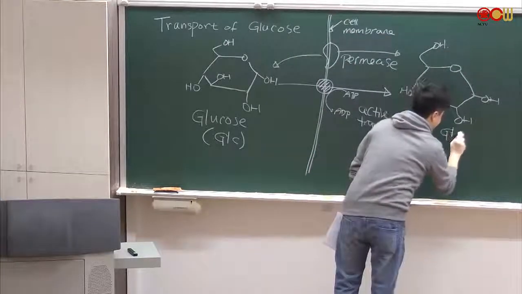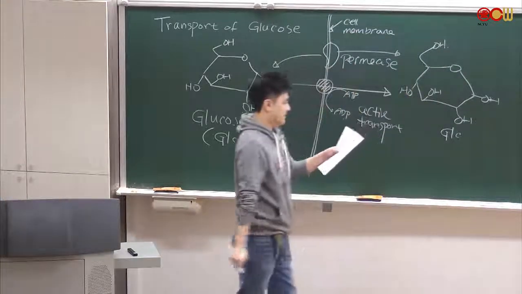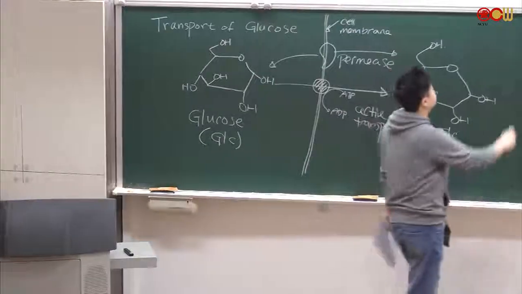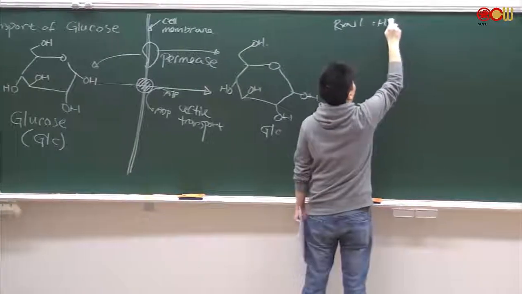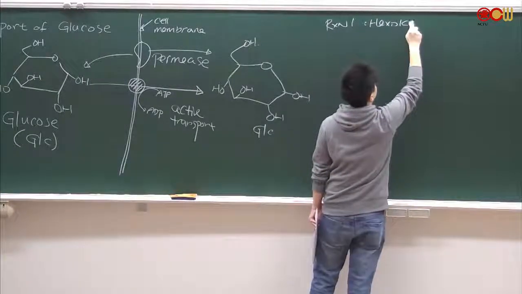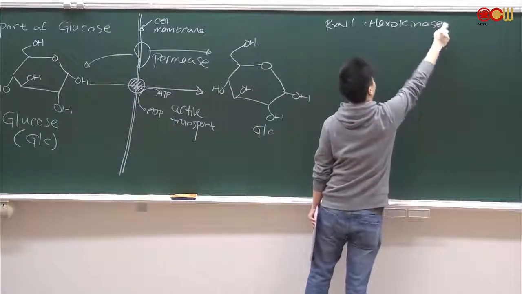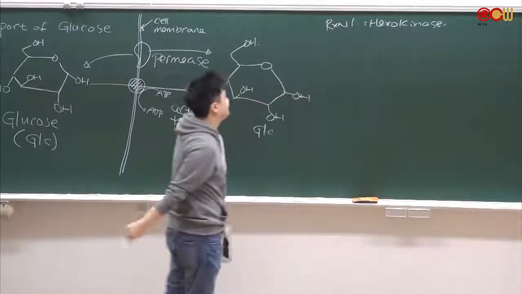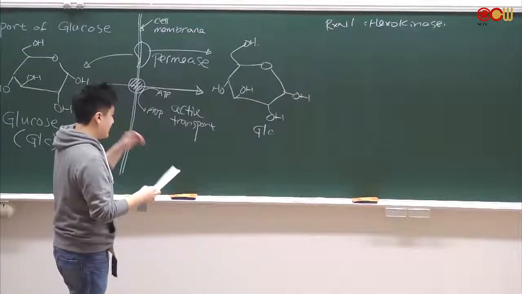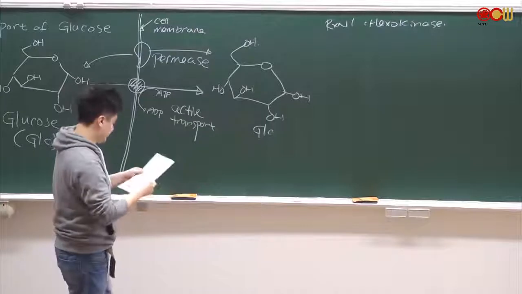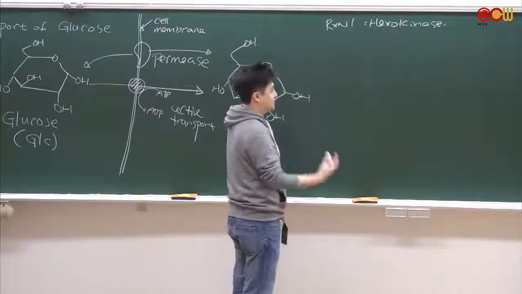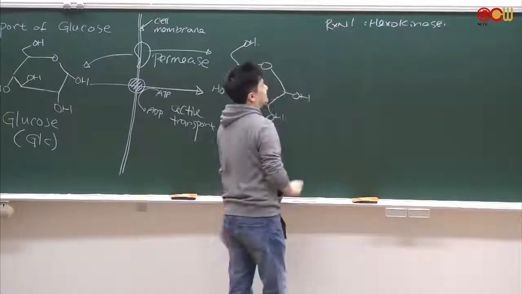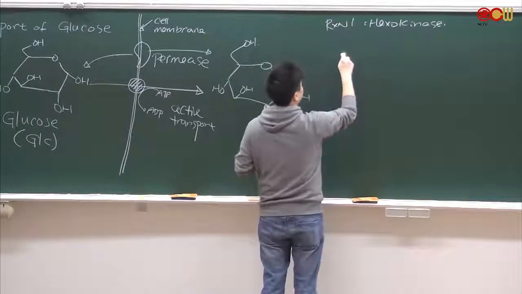So then, reaction 1: hexokinase, shown over there. What hexokinase is going to do is use ATP and put a phosphate onto this guy. So I'm going to draw ATP right here.